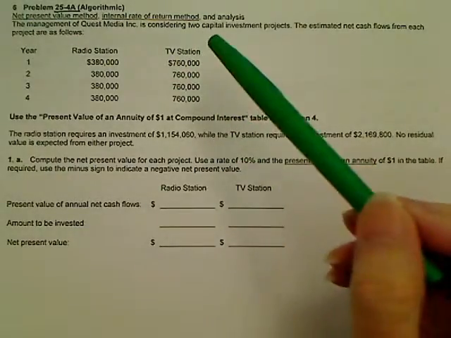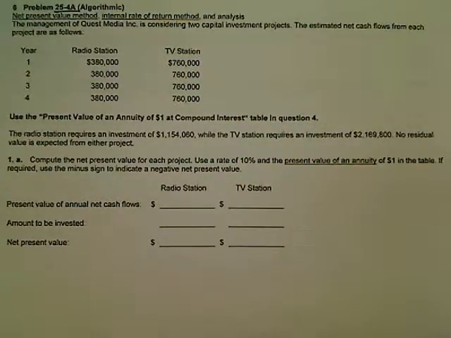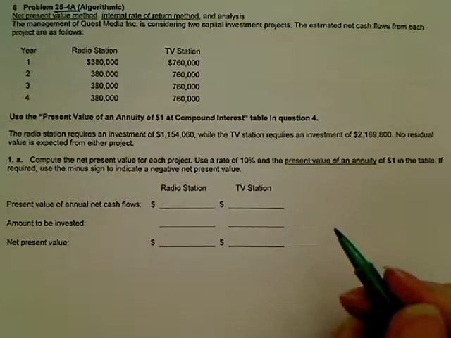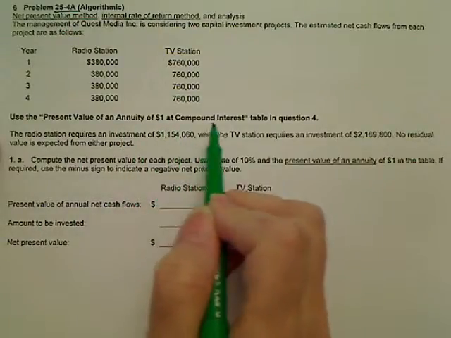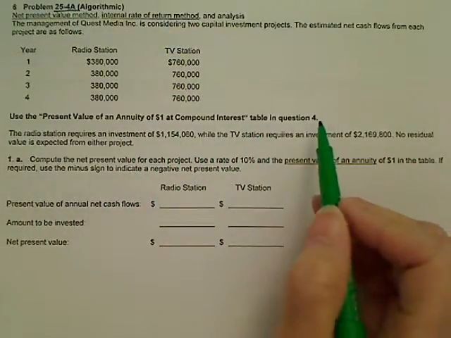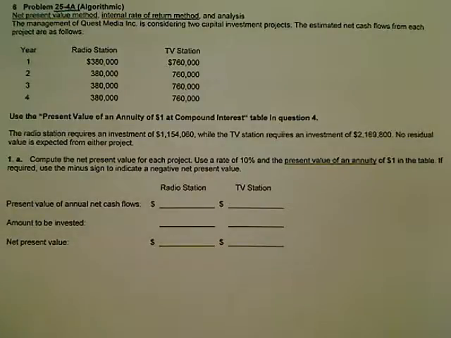For each project, the cash flows are the same, which is going to make it easier for the calculations. Use the present value of an annuity of $1 at compound interest table, also in question 4.